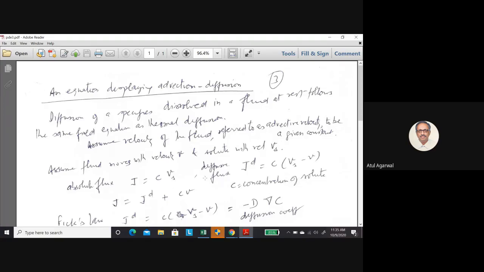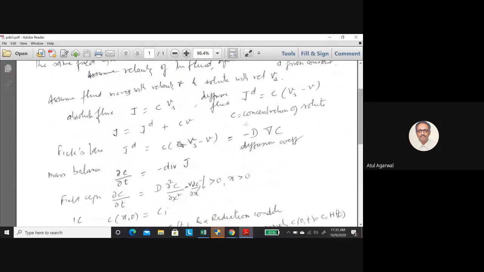And what is the diffusive flux? This is the concentration of the solute into the speed at which the solute moves minus the speed at which the fluid moves. So this is the diffusive flux. So J can be written as J diffusive plus C v. So this is the diffusive flow due to diffusion or concentration gradient, plus flow due to the velocity of the fluid.